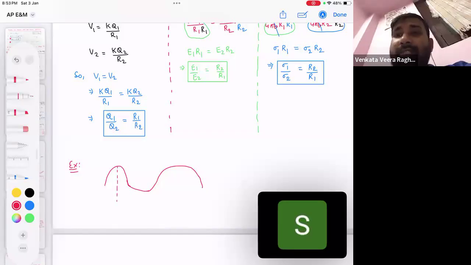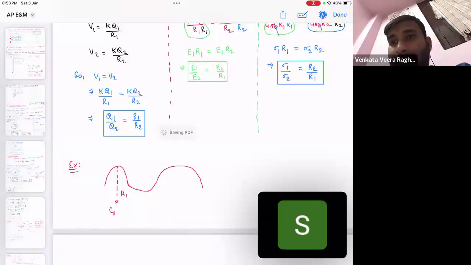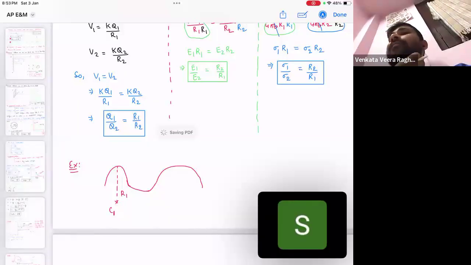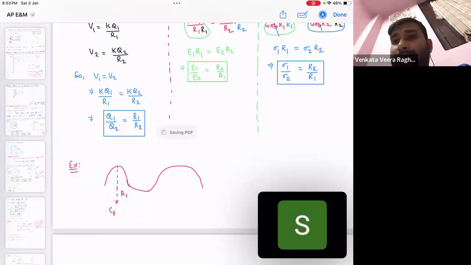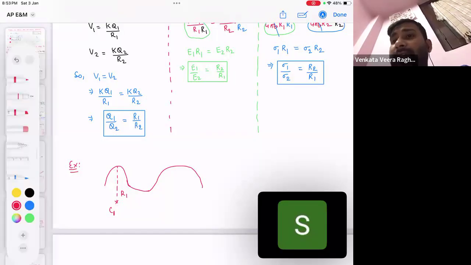Both are equipotential surfaces. Look at the surface: this is an equipotential surface, okay?